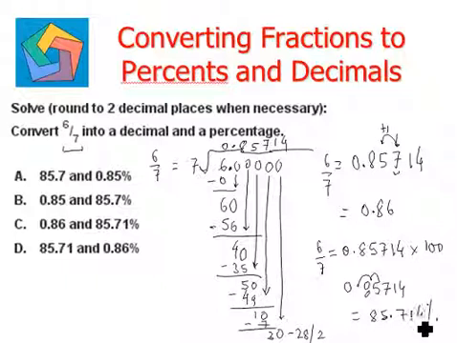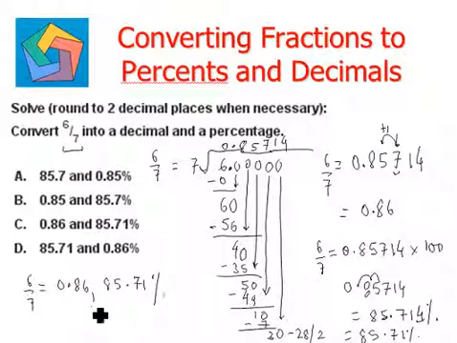We see that the third digit is less than 5, so we leave it and ignore it, and the final answer becomes 85.71%. So we get 6/7 as a decimal is 0.86, while as a percent it is 85.71%.